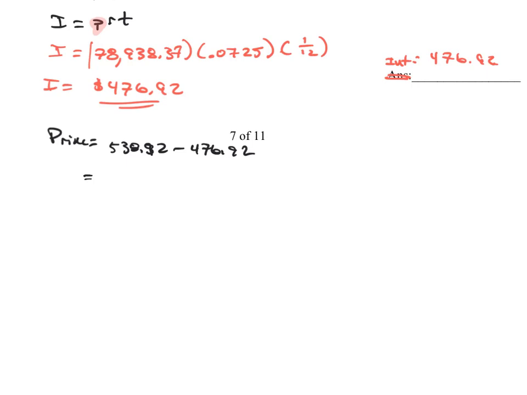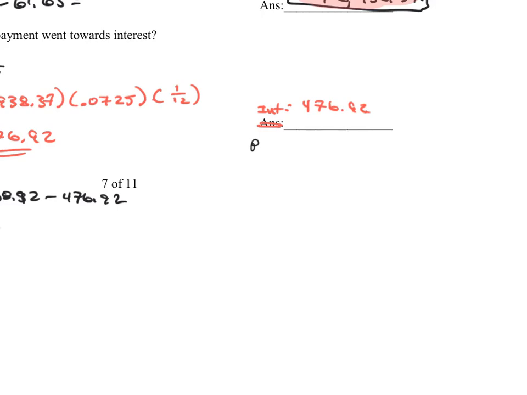I'm getting a total of $62 that went towards principal in the second payment. So how much went towards interest? Of the $538.92 payment, $476.92 went towards interest, and $62 went towards principal.